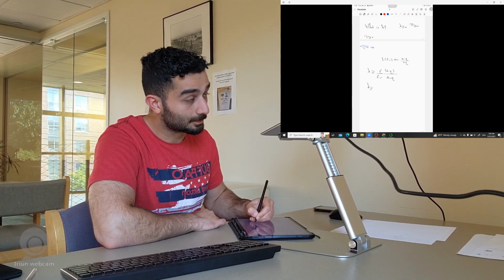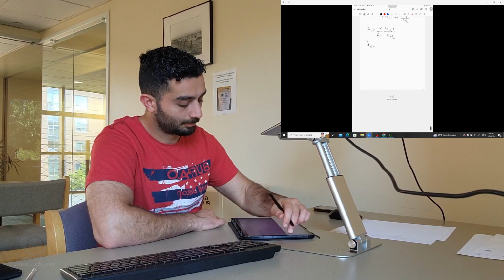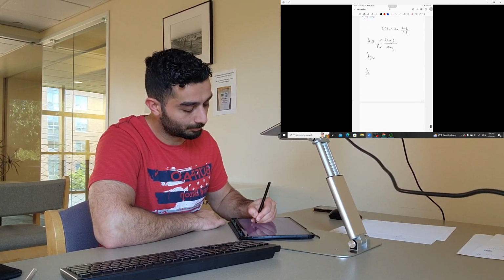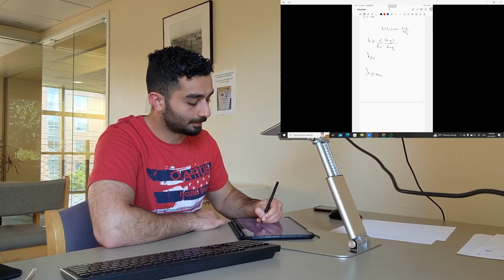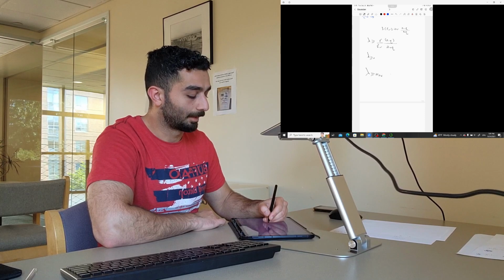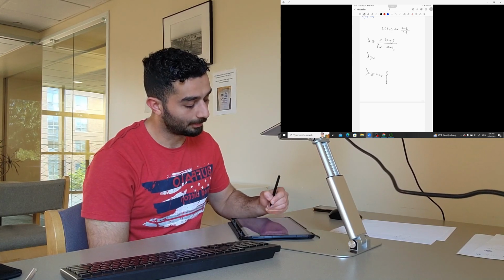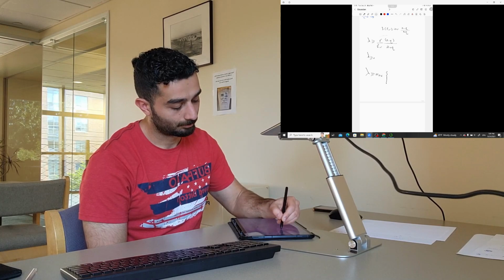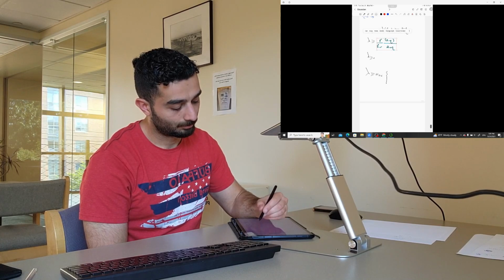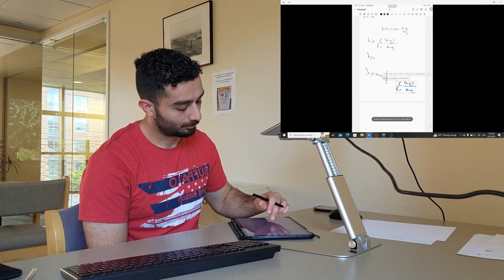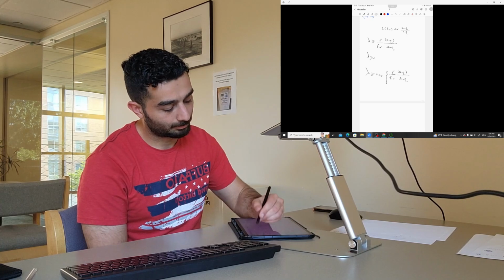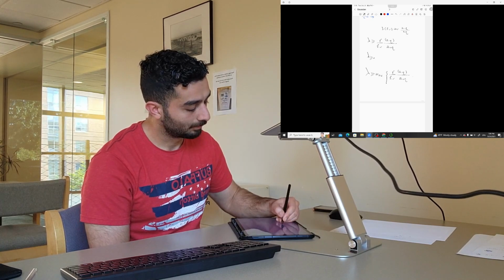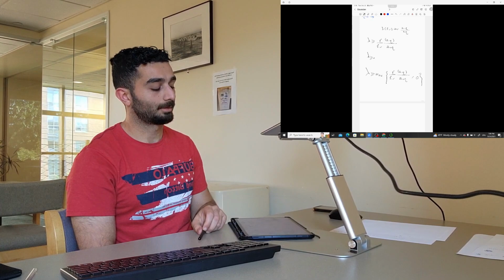Also, we know lambda is non-negative, so lambda star should be greater than or equal max of these two terms and 0. Perfect.